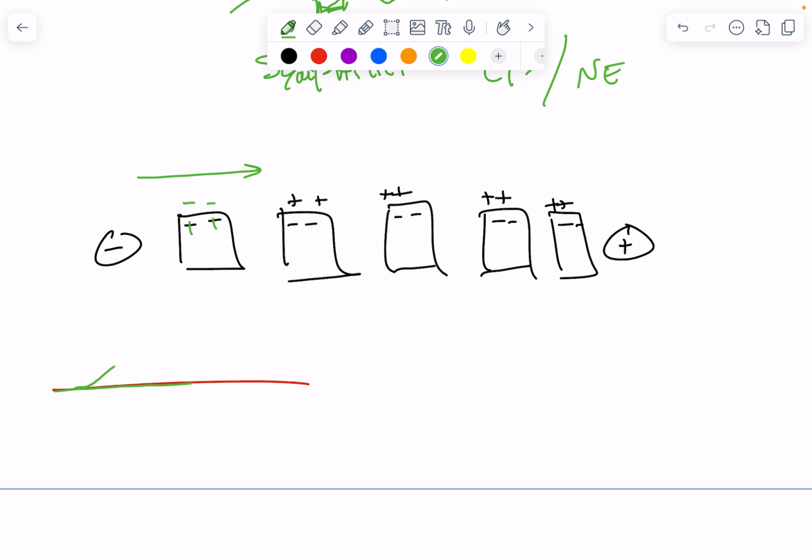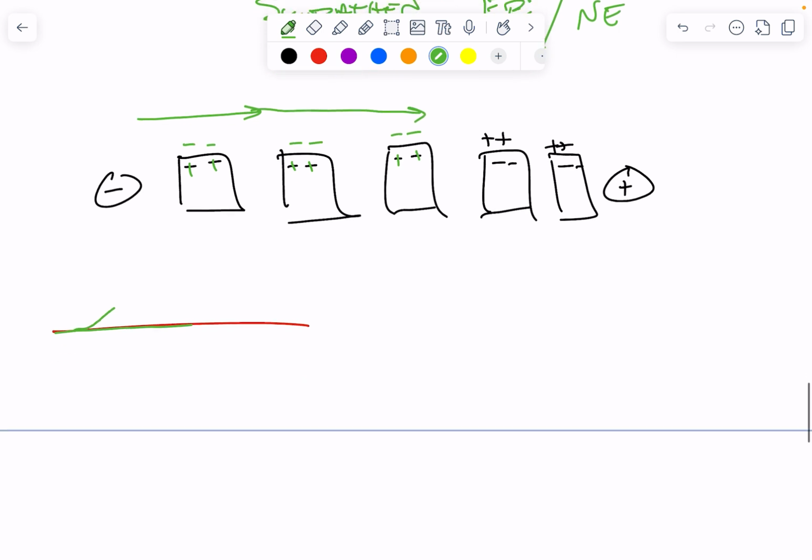Then as we go further, we're going to see more of these get turned to negatives and more of these turned to positives as the wave moves even further down. We're going to see an increase in polarization.